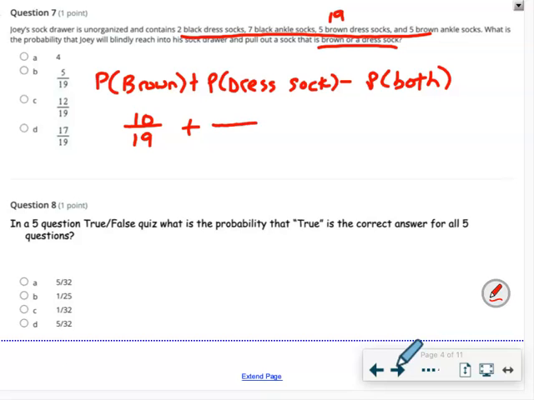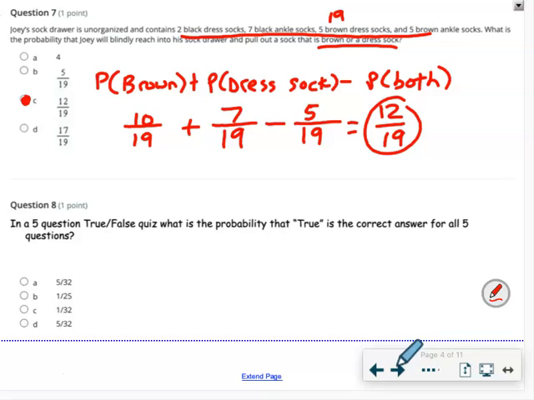There's 2 black dress socks, there's 5 brown dress socks, so 7 out of 19 that are dress socks, minus the probability of getting a brown dress sock, that's 5. So that's 17 minus 5, or 12 out of 19, which is already simplified. They want fractions, so I'm not going to type it in and get a decimal.